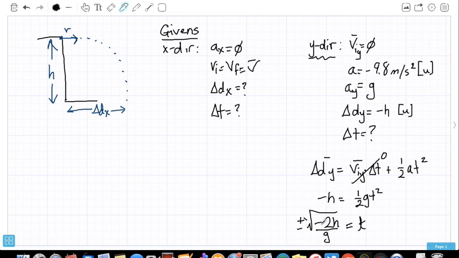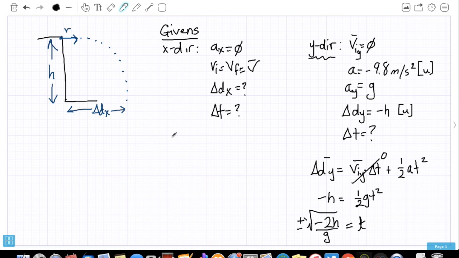Also, if you look inside the root symbol, there's a negative in here. You're probably worried that taking a square root of a negative will get us an imaginary number. But remember, g is negative. We just didn't put it in. So when we put our values in, we leave h as a positive value, and then our g value we replace completely with negative 9.8. So those two negatives would cancel and give us a positive.